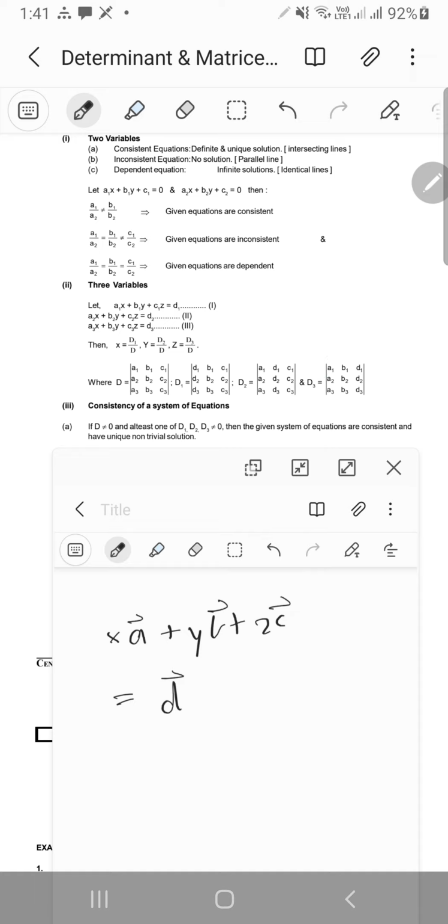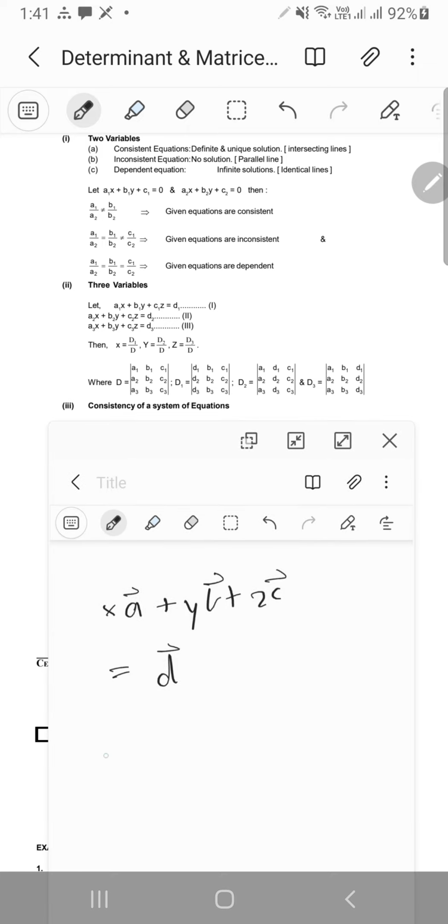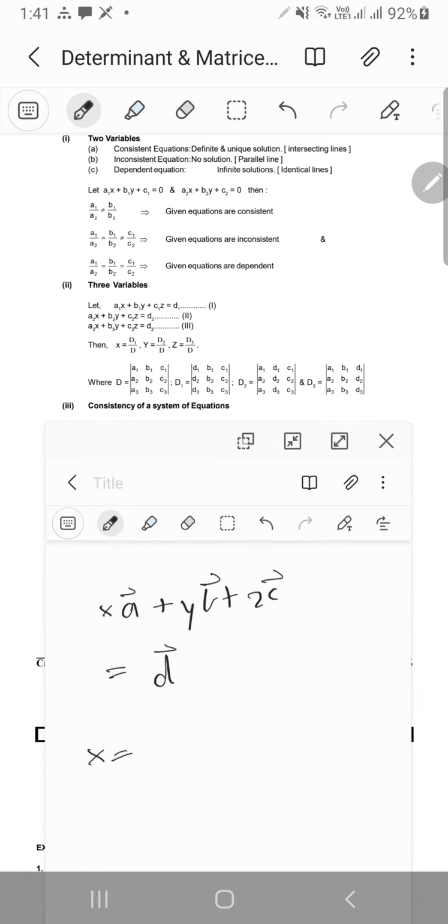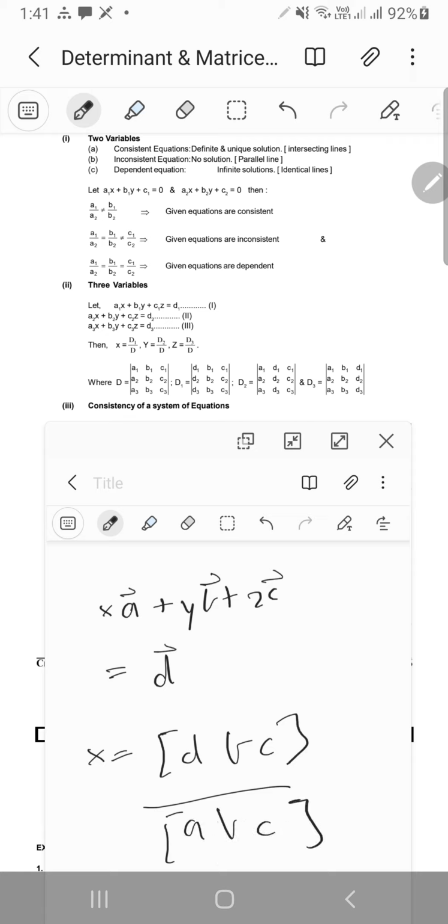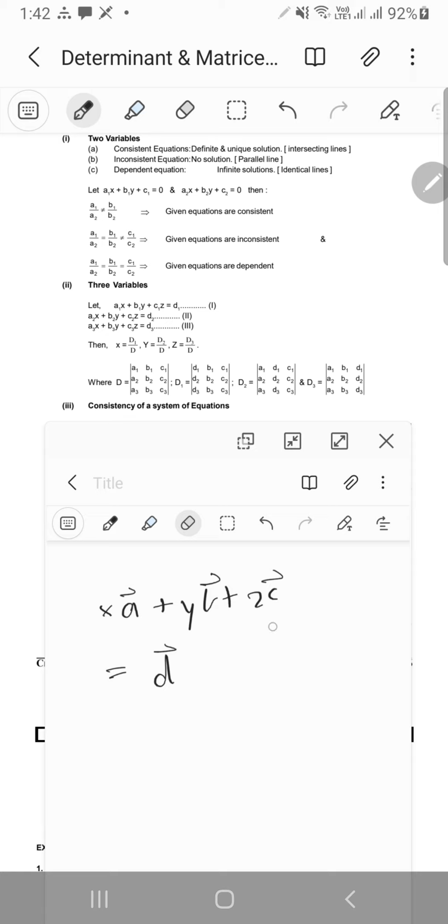What we are seeing is that the solution for this equation is x equal to the box d b c upon the box a b c. Why? Oh, this might make sense. Consider this thing and take the dot product on both sides with b cross c. That will give us d dot b cross c on the right hand side at least.